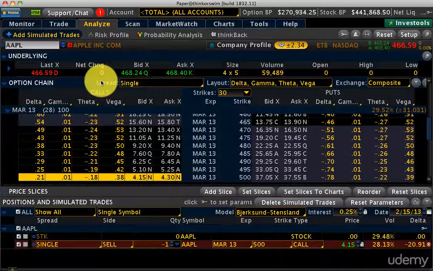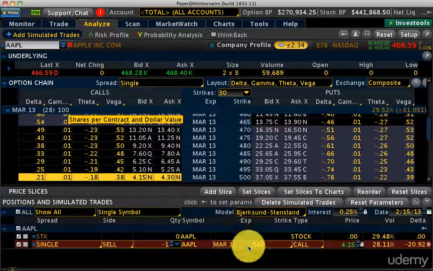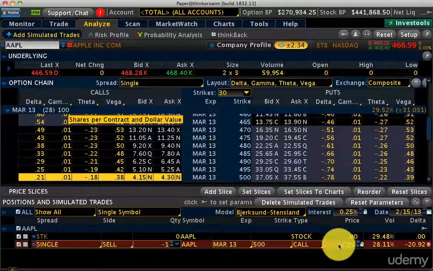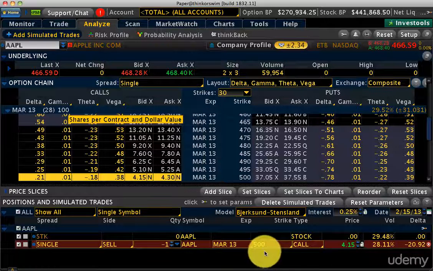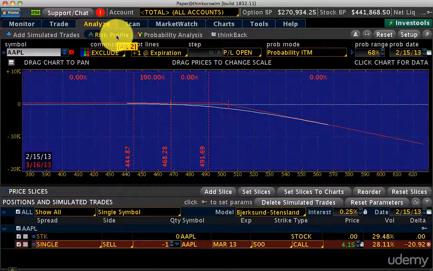But as it stands today, Apple is at 466, and you have the obligation to sell it at 500 and nothing less. So both parties are coming out okay on this deal, and then you're also going to get this premium of $4.15. So you're really selling Apple at 504, which is a good almost $40 away from where Apple is trading right now. So let's look at the risk profile of this particular strategy.